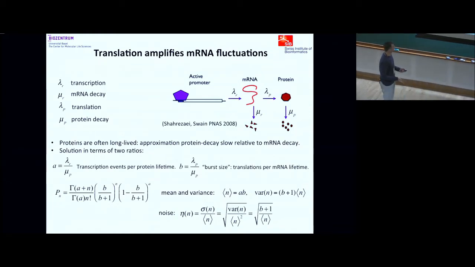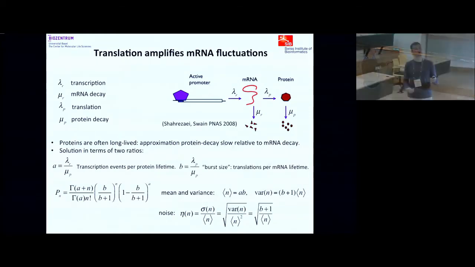So for example, proteins are often much longer lived, right? So these rates are typically much bigger than this protein decay rate. And so you can make an assumption that the protein decay rate is slow relative to the other ones, which is a very good assumption in almost all scenarios. And then you can analytically solve.